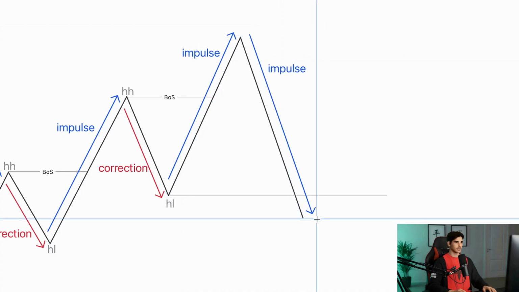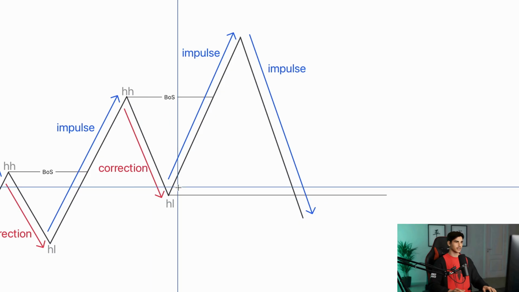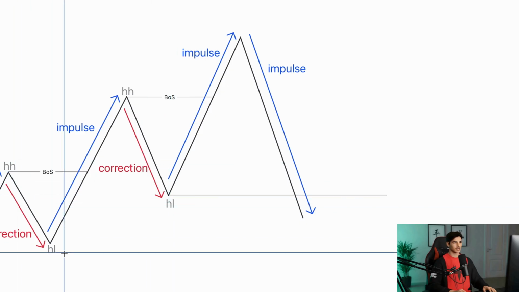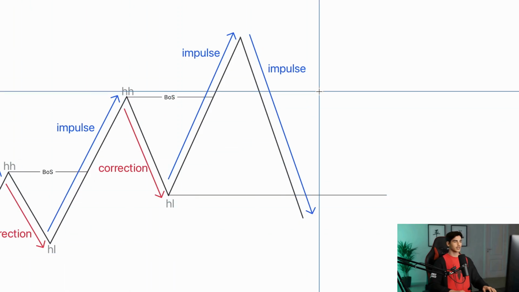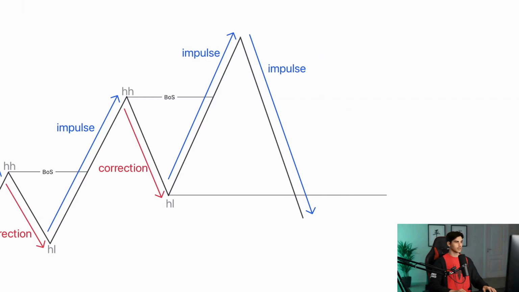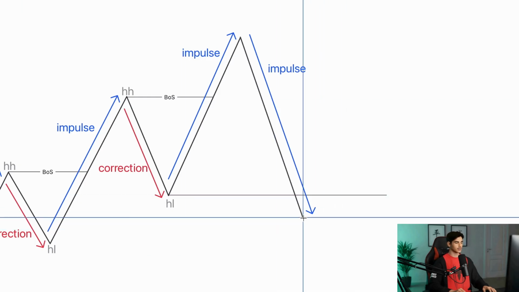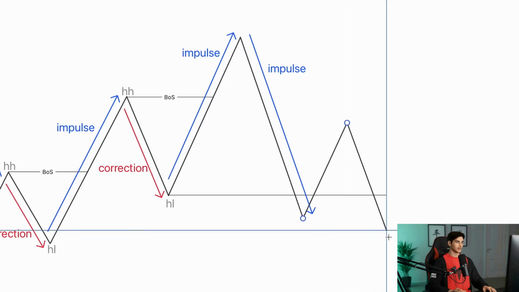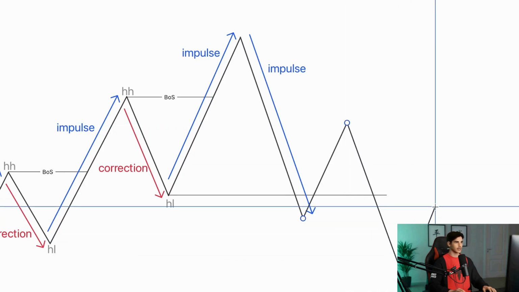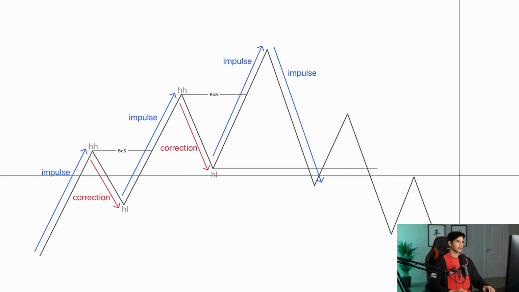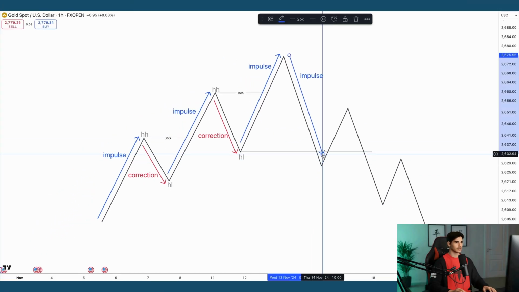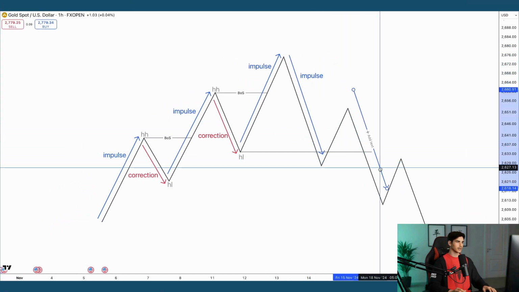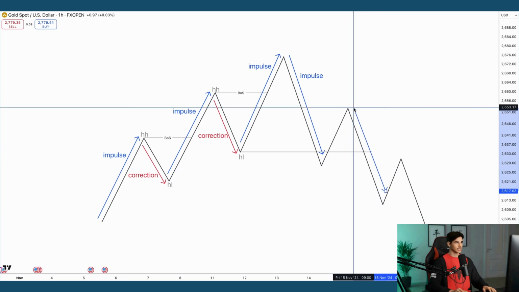The reason we know this is an impulse is because it's broken through the previous higher low, which breaks this higher high, higher low formation and breaks the uptrend. So from this point onwards, we would instead now be expecting the market to make a lower high and then a new lower low and then new lower highs and lower lows to continue this market in a downtrending fashion, where we basically shift from this bullish trend into a bearish one.